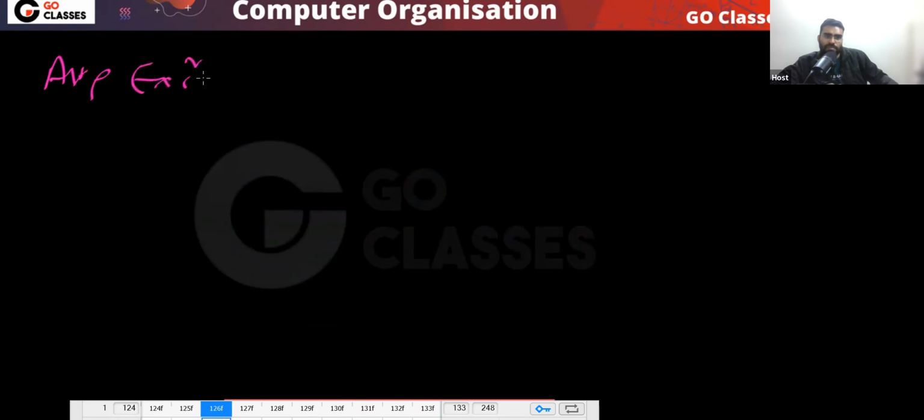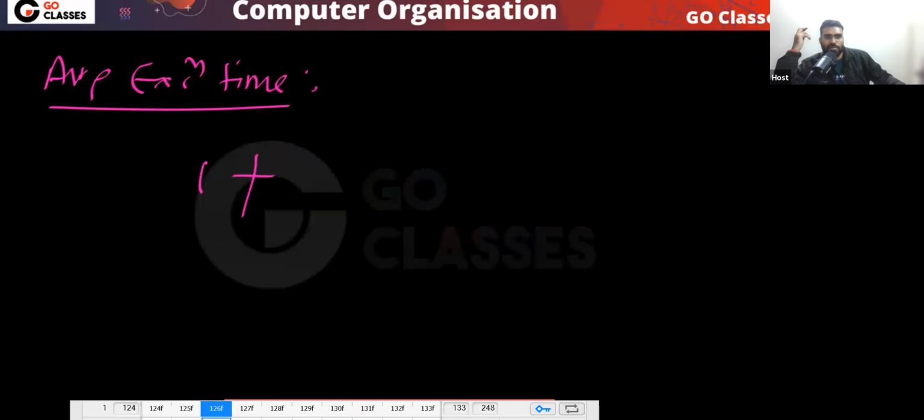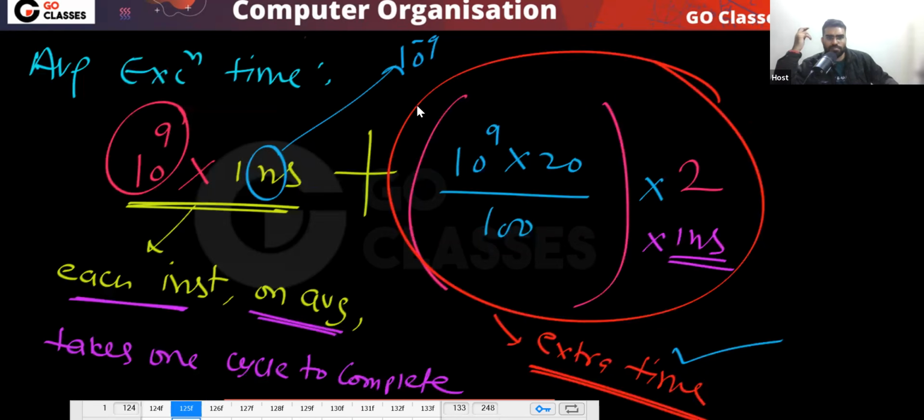Average execution time is equal to 1 plus, okay, because anyway 10 to the power 9 and 10 to the power minus 9 will cancel out. So your final answer will be 1 second plus, only second will be remaining.